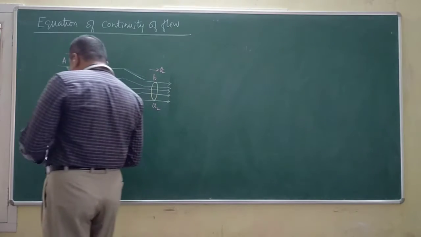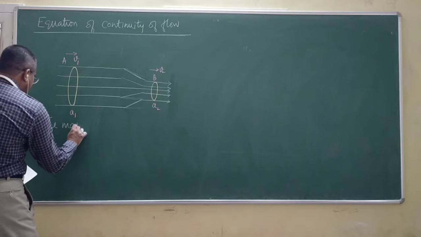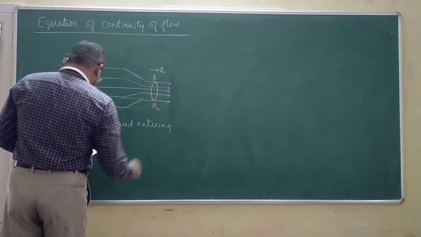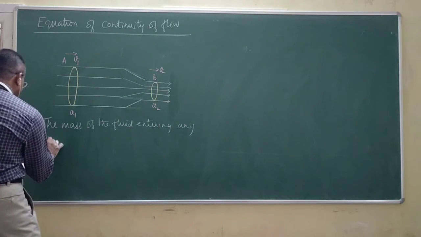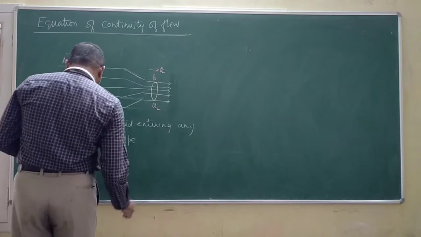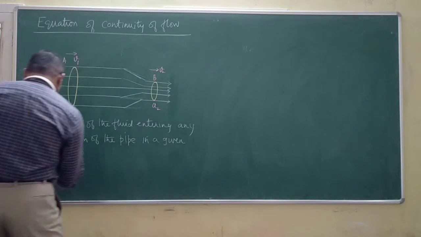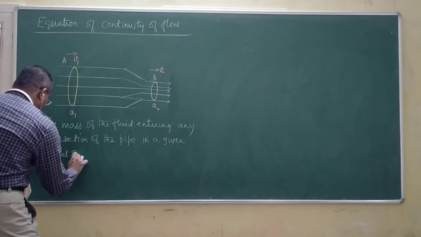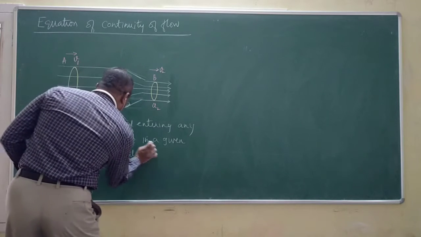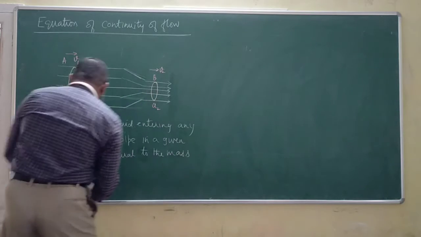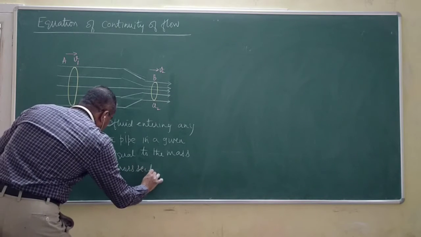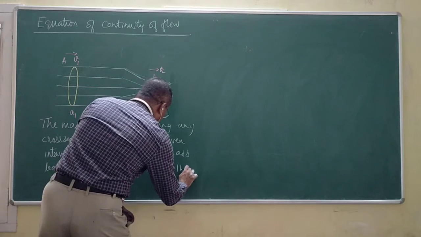For those who have not listened properly, I am writing here: the mass of the fluid entering any cross section of the pipe in a given interval of time is equal to the mass leaving any other cross section in the same interval of time.